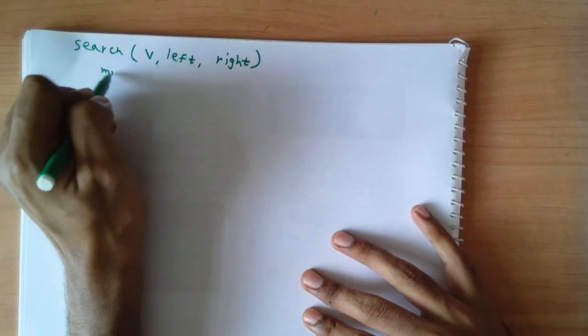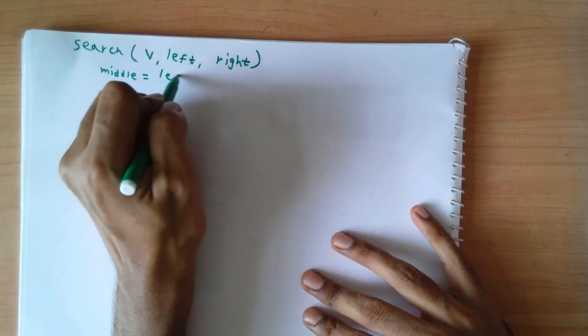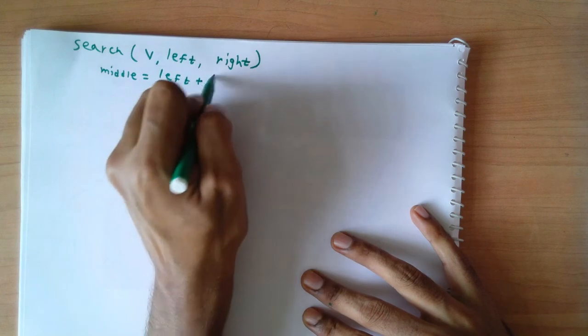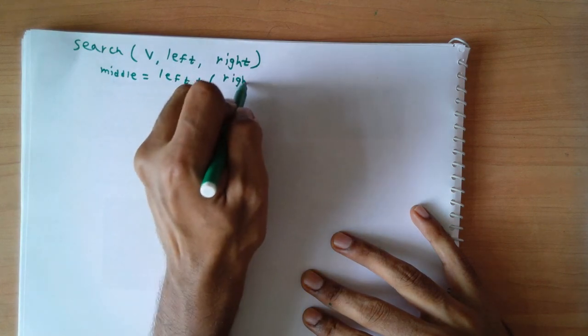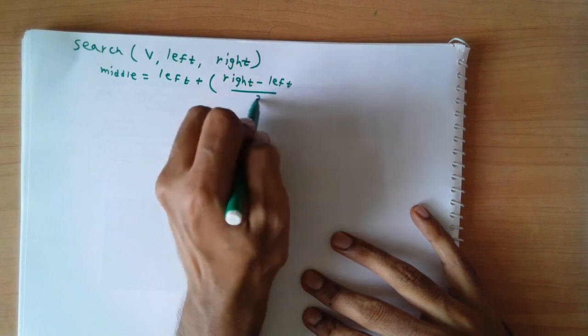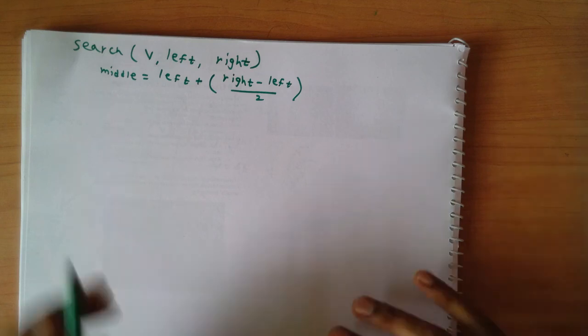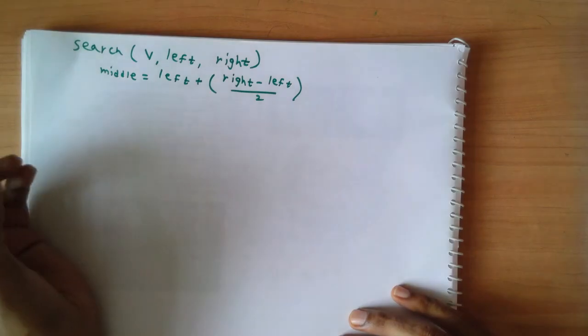So we'll say that this middle index is equal to left plus (right minus left) divided by 2, and then we are going to do the comparison, right?